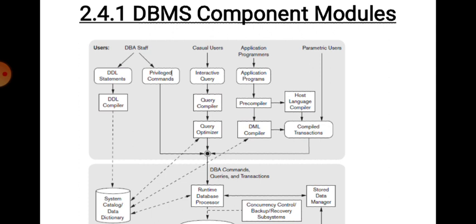In the bottom half, on the left side you have the DBMS catalog or data dictionary. In between you have the runtime database processor. At the bottom you have stored databases, and towards the very right you have the stored data manager, and there is the concurrency control and backup recovery subsystem.